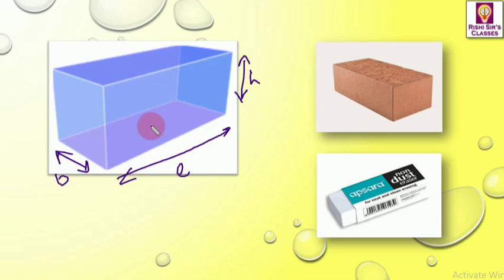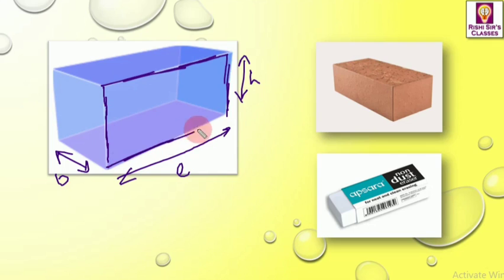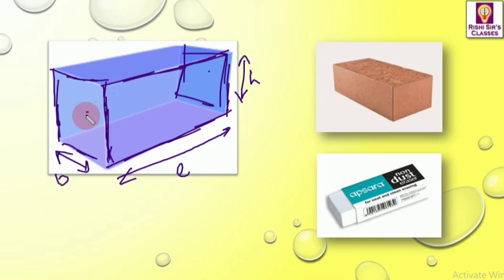So if we are talking about the LSA, lateral surface area, for this LSA we need to find this first side, first dimension, then second dimension. In the same manner we want one more dimension, that is just the back of this portion. It is number 1, that is number 2. So number 2 is the back portion of the first one.